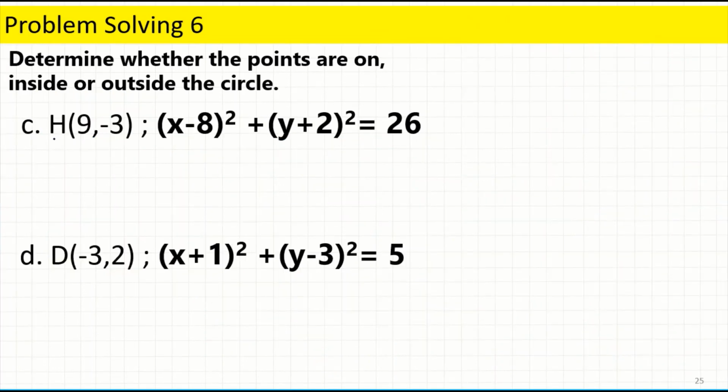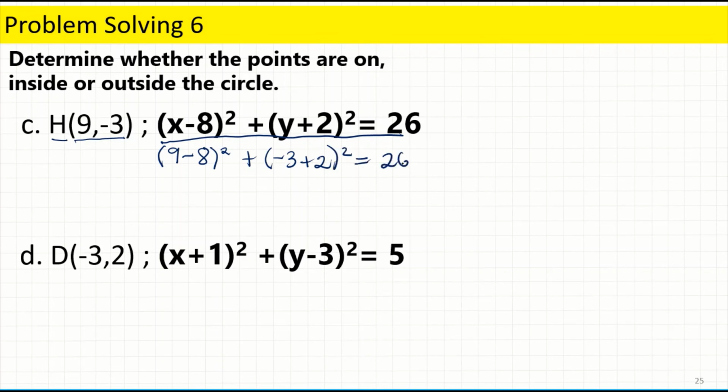If we have a point H as (9, −3), we will check if it is on, inside, or outside the circle of this equation. So again, substitute the value of x, which is (9 − 8)², plus y is (−3 + 2)², equals 26.